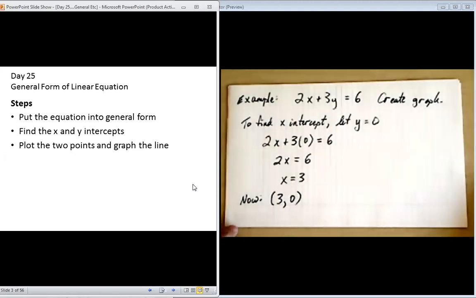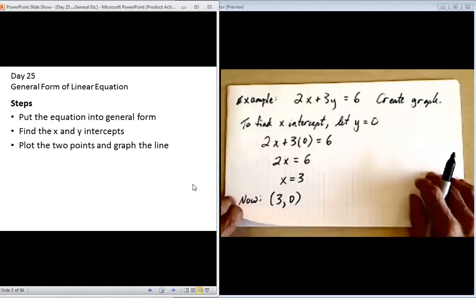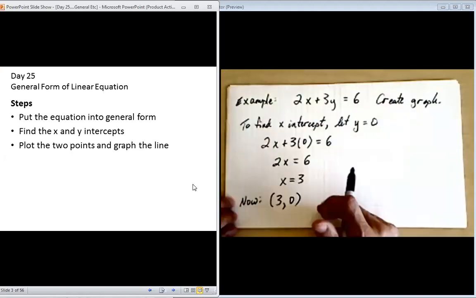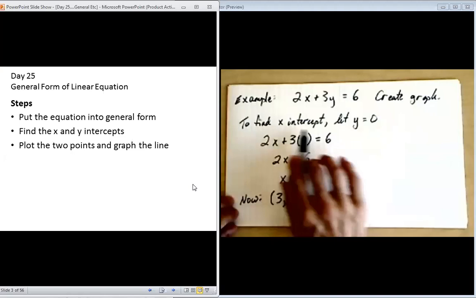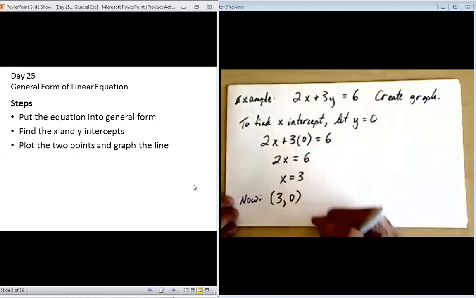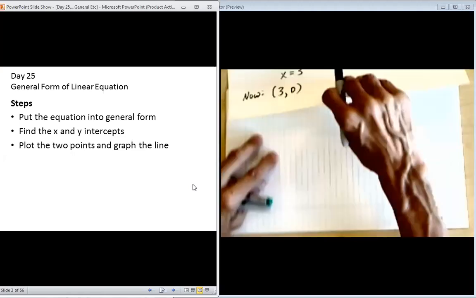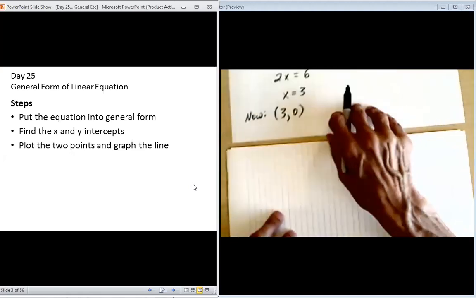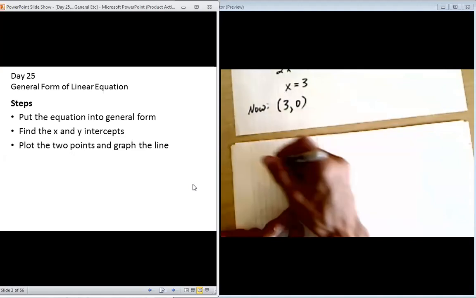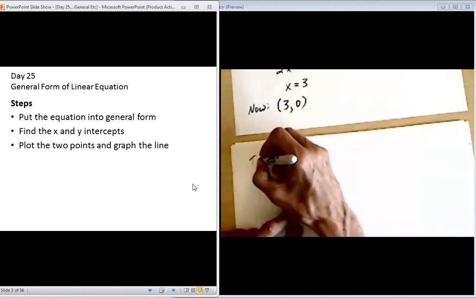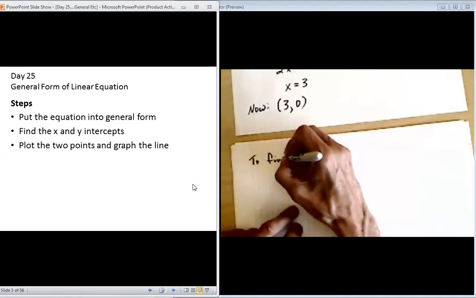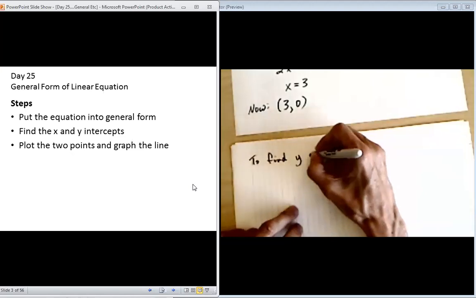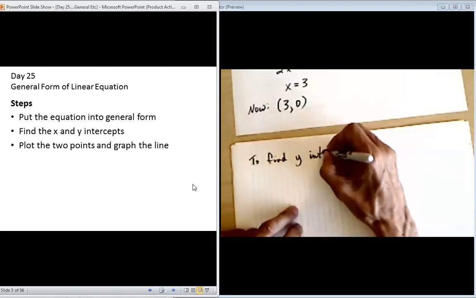I'm going to move it off to a different page, but the style is going to be the same. To find the y-intercept, let x equal 0. Same style there. I'm going to write it out because this is the first time we're looking at this x-intercept, y-intercept in this way.